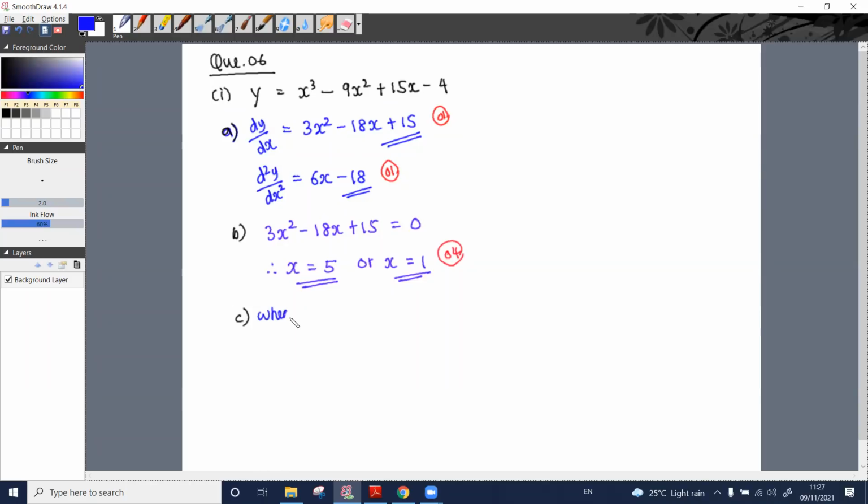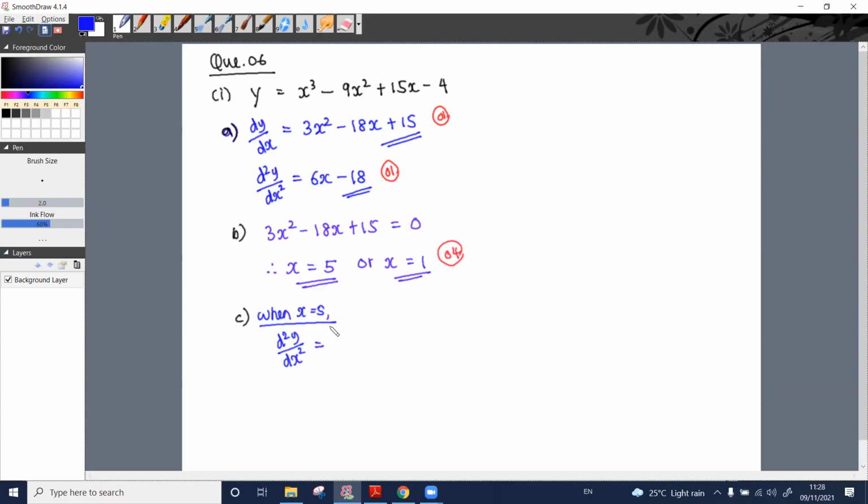When x equals to 5. To find the minimum or the maximum aspect, we use what? We use the second derivative. We have already found the second derivative, that is 6x minus 18.